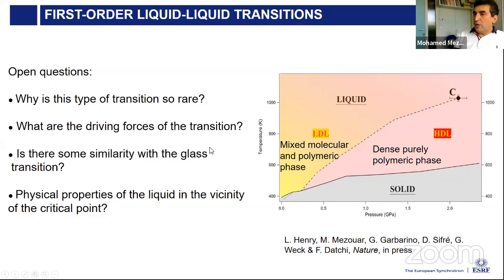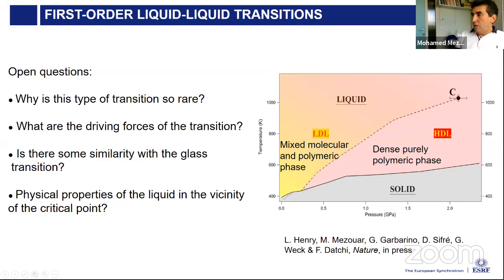The question we could address is, what are the driving forces of the transition? If you look, for instance, at the liquid-gas transition in water, it's fully driven by the density variation. But here it's apparently not the case, so we have to look more into the details. And of course, is there some similarity with the glass transition?